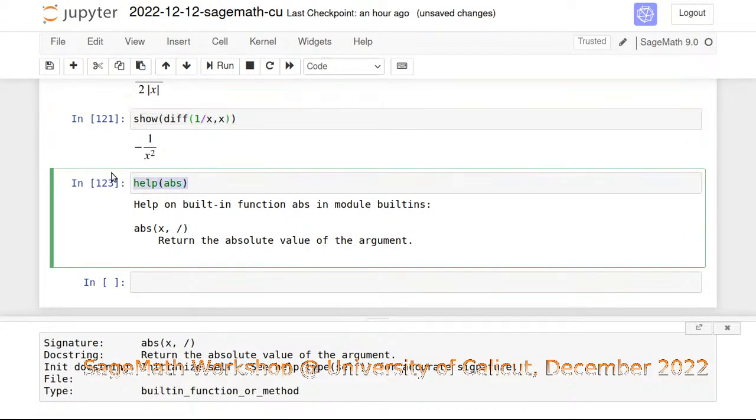So what else can we try there? Absolute value of 2 plus 3i, 3 star I. So what do we expect there? That slash is not very clear what exactly it means.